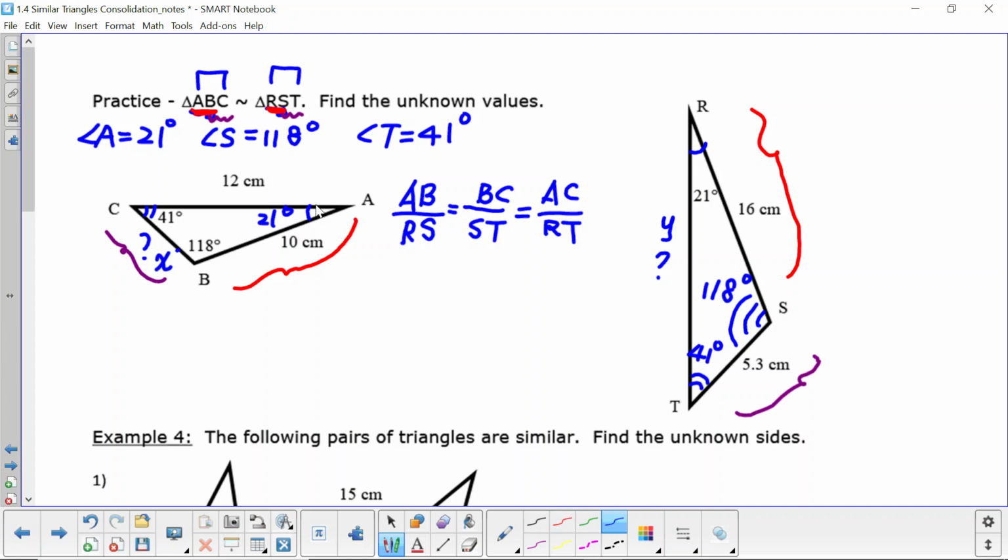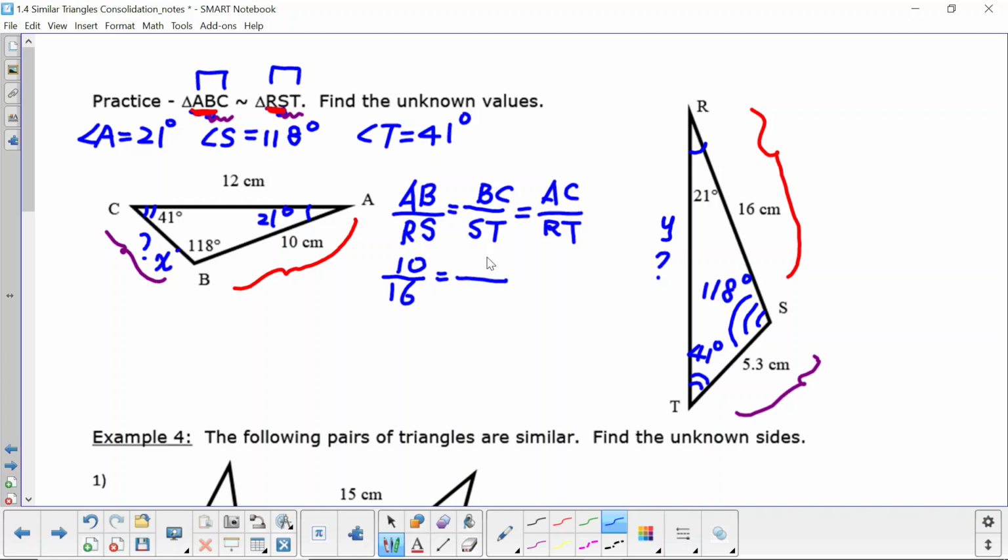The next step, we are going to substitute the given information into these ratios. So AB is 10, RS is 16. So the first ratio is 10 over 16. Then it equals the next ratio.